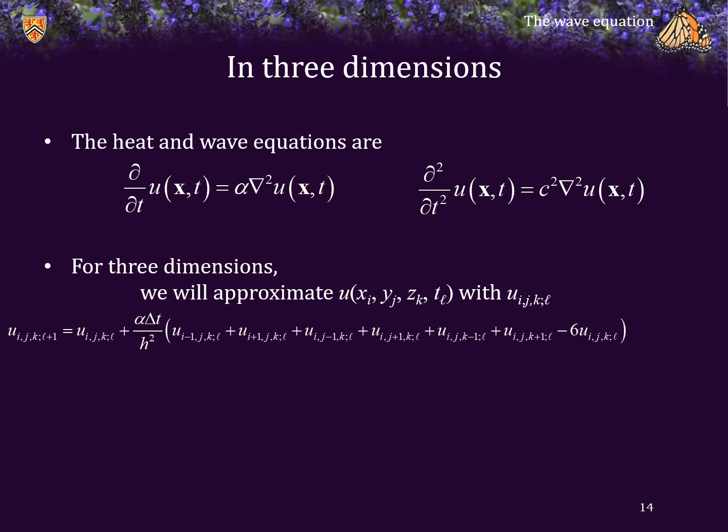Probably doesn't take that much to figure out that with a heat equation we just once again make all of the same substitutions as we did before, and we now get this equation. And so this equation tells us what the state will be one time step in the future, and it depends on the previous value plus a linear combination of surrounding values.